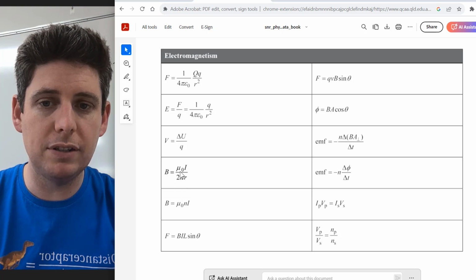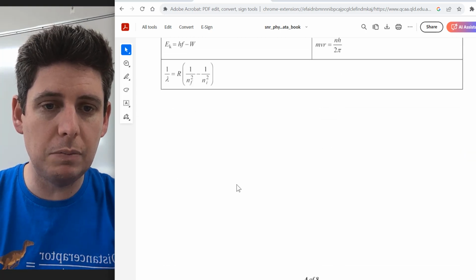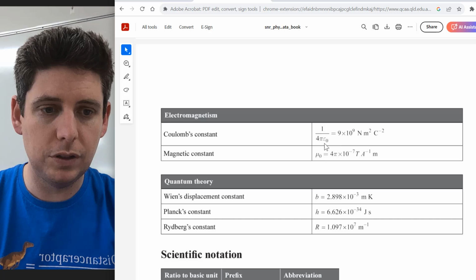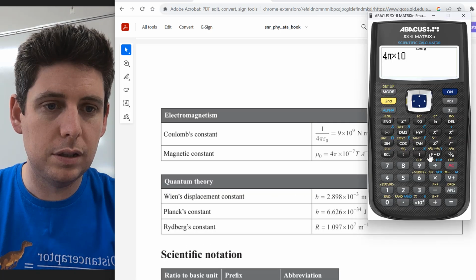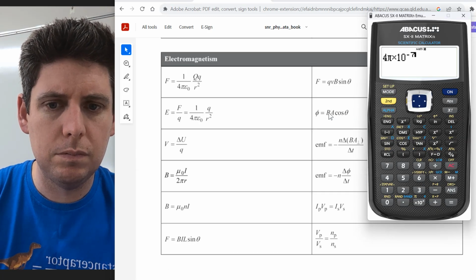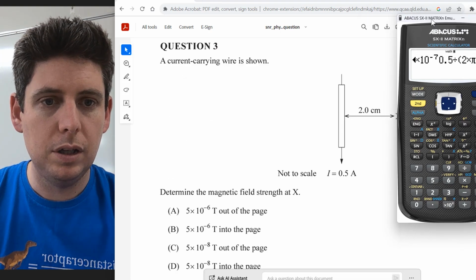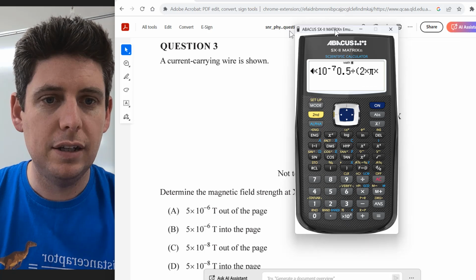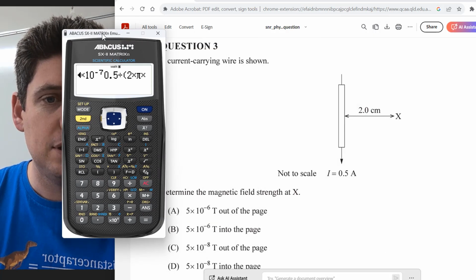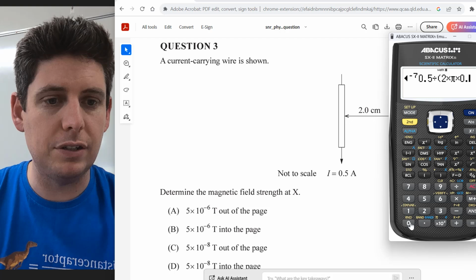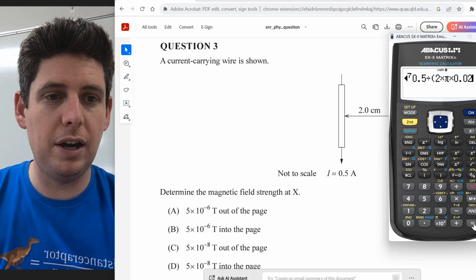So we're going to type this into the calculator. We also need mu0, so type that into your calculator. And the radius, we need it in meters, so we're going to have to turn this into meters. Divide by 100.